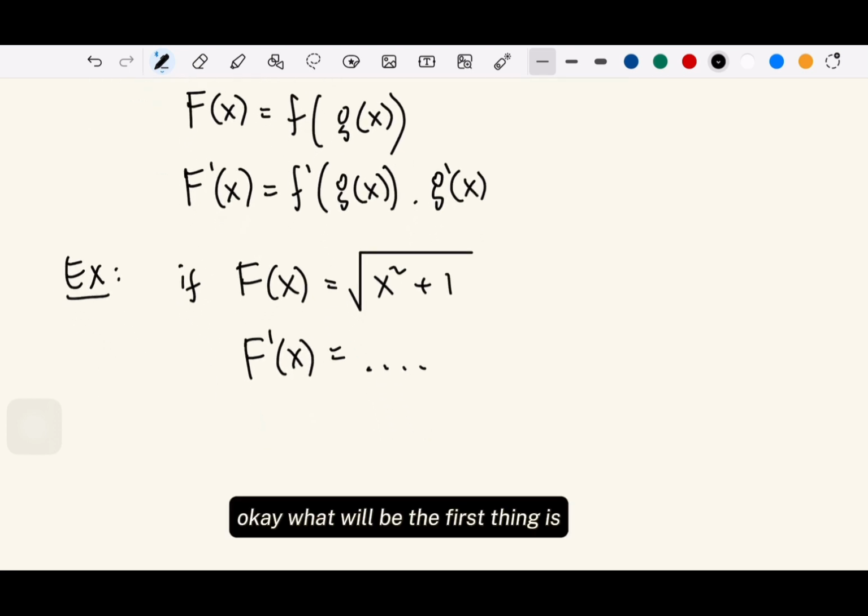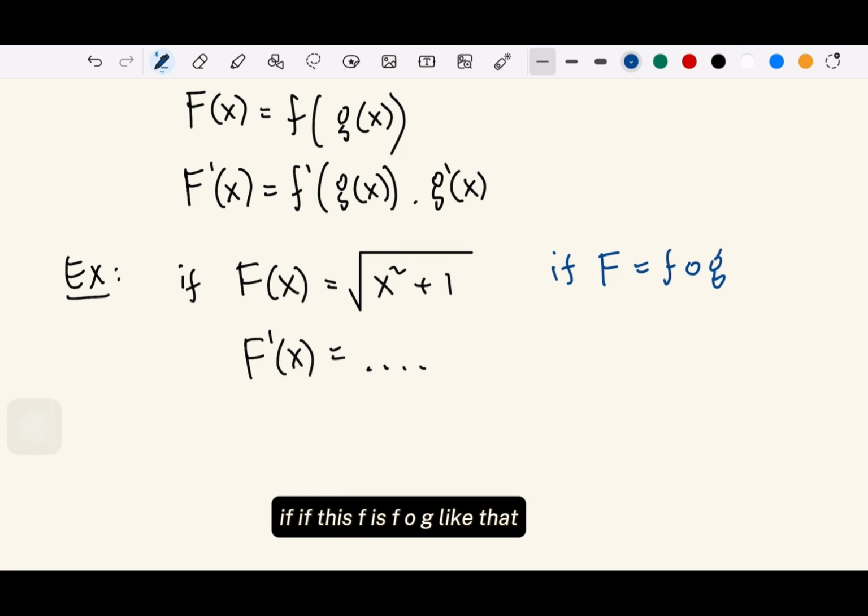The first thing is, look at this function. You can think this function has something inside, for example x squared plus 1. If I make this into separate functions, let's imagine f of g, where g is x squared plus 1 and f is just the square root of x.